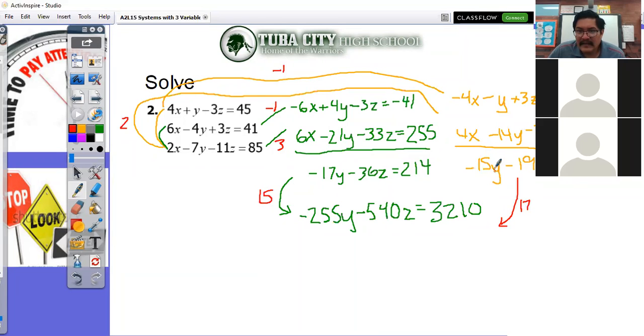But now, if I did that, I would have to probably change one of these. Because if I just multiply it by 15 times regular 17, then it would be the same thing as this, and I want them to be opposite, same number but opposite sign. 15 times 17. There you go. And negative times negative would be positive, so that would give us positive 255y.